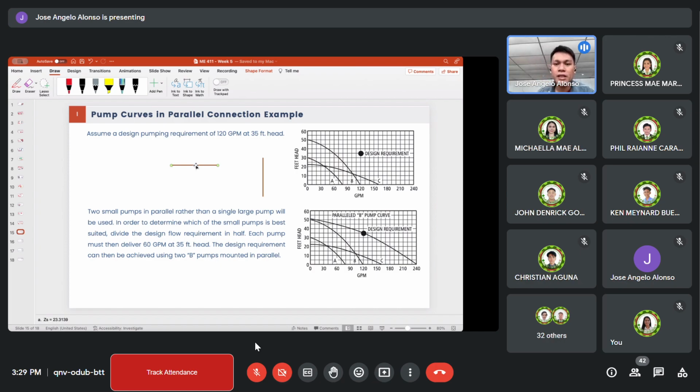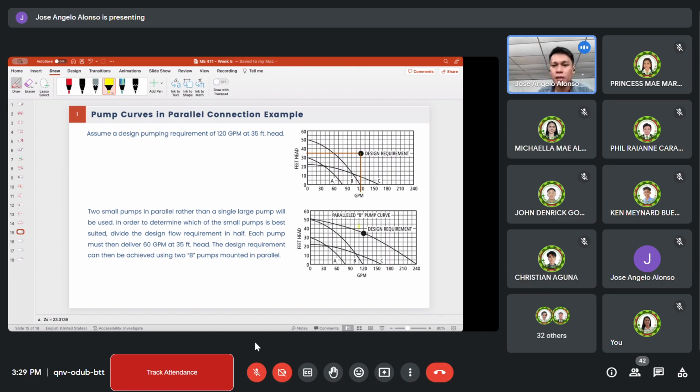Okay, so i-plot lang natin yung design requirement natin at 35 feet of head. So, may point na naman dito, plot lang natin sa x-axis and y-axis. Okay. And 120 gallons per minute.